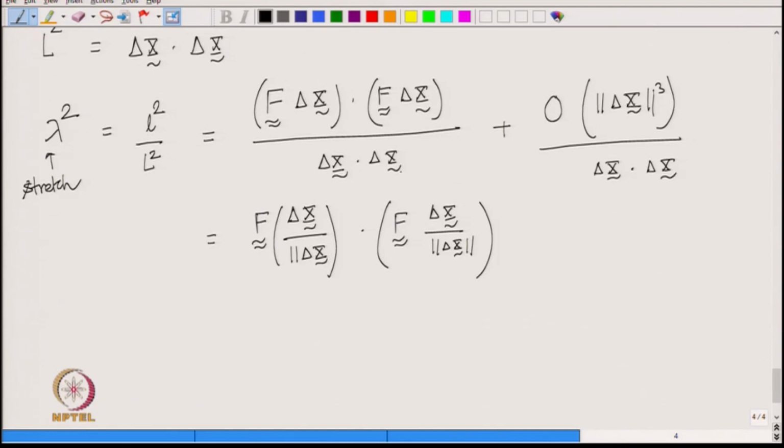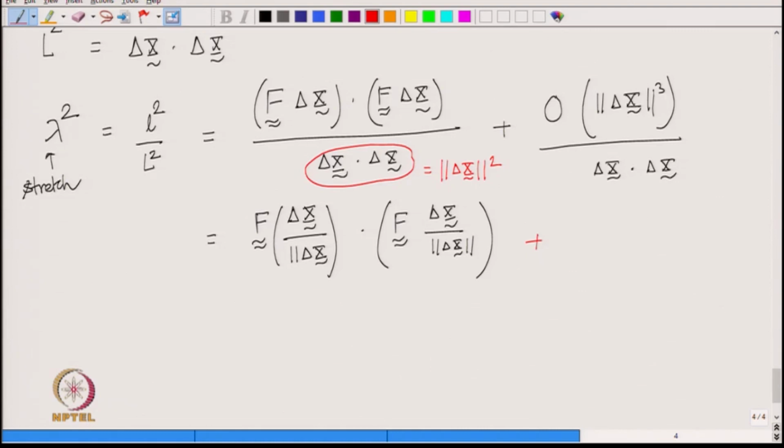You see the denominator here, this denominator is actually delta big X whole square. So, there are 2 of mod of delta big X, and I simply bring those 2 separately, is not it? And what happens to the next term here?